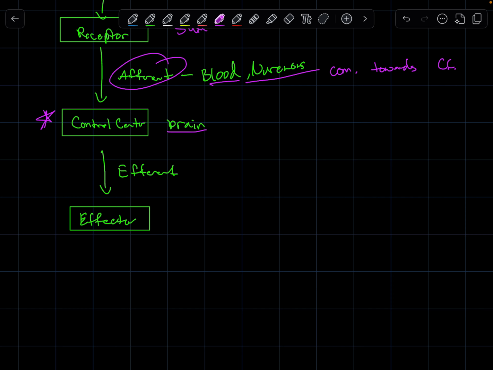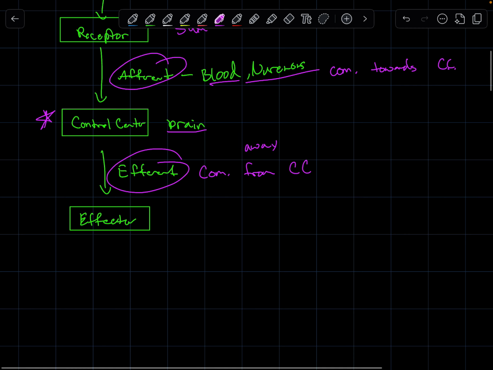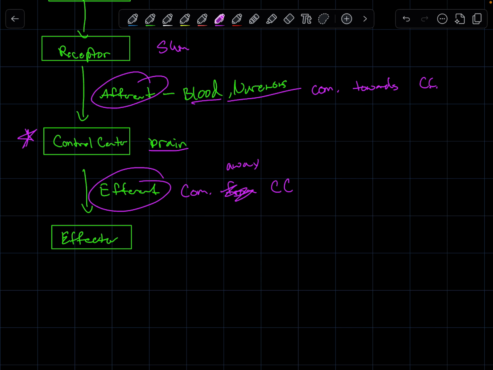The hypothalamus will say, oh, hey, the core body temperature is increasing, so we need to do something in response to that. And so we have an efferent pathway. Efferent pathways are communication from the control center. It's communication away from the control center, causing an effect to an effector.